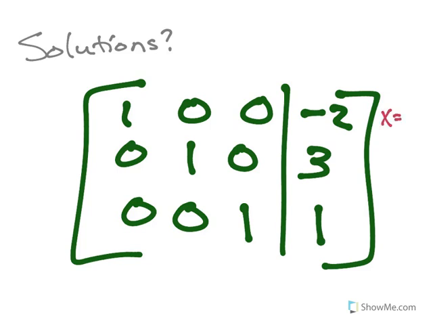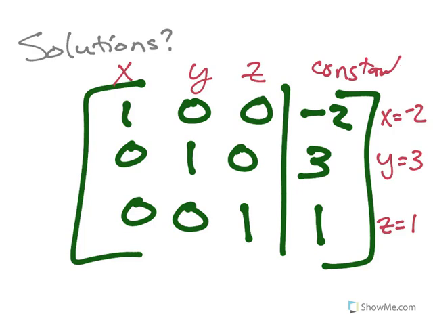We say, okay, that means x equals negative 2, y equals 3, and z equals 1, because that's what these represent. X, y, z, and the constant. So 1x is negative 2, 1y is 3, 1z is 1. And that is how you solve a system of 3 equations, 3 variables using Gauss-Jordan elimination, which is super fun stuff.